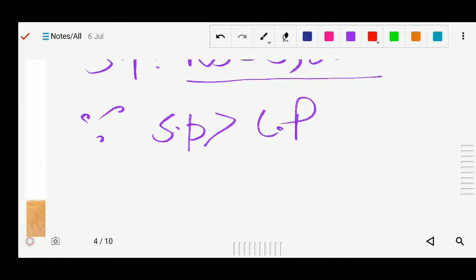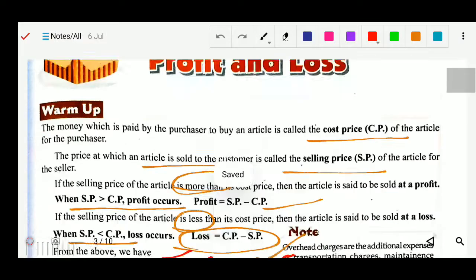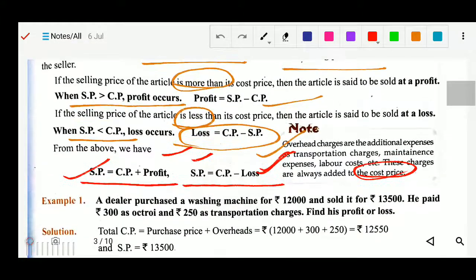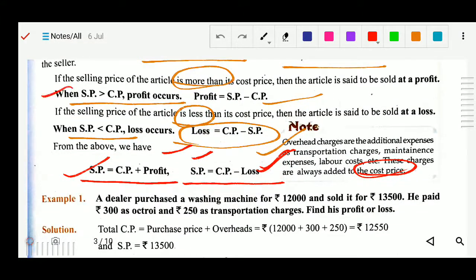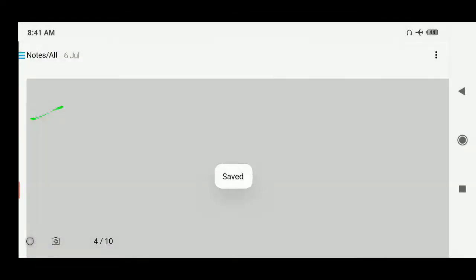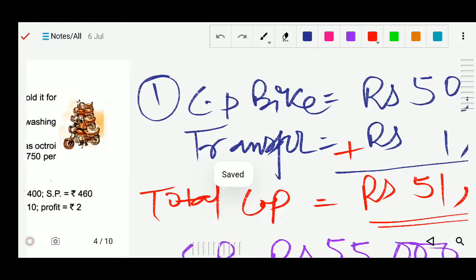You know the formula, we have already discussed it. If the selling price is greater than the cost price, then profit equals SP minus CP. That will be used here.